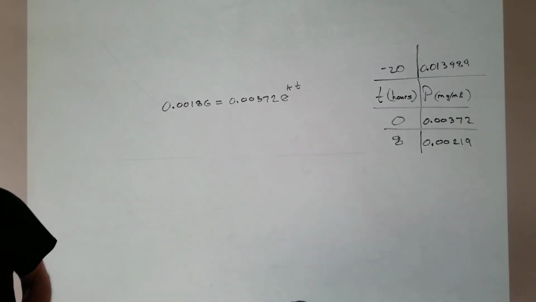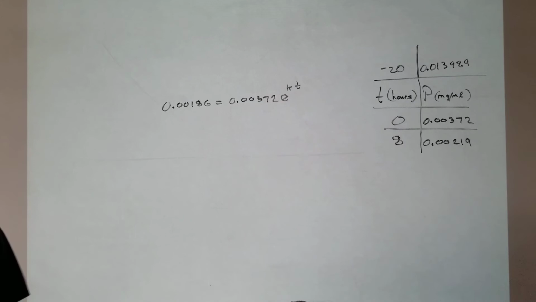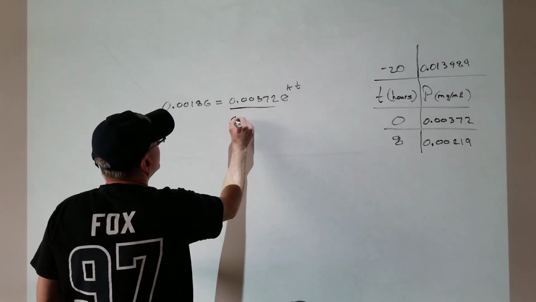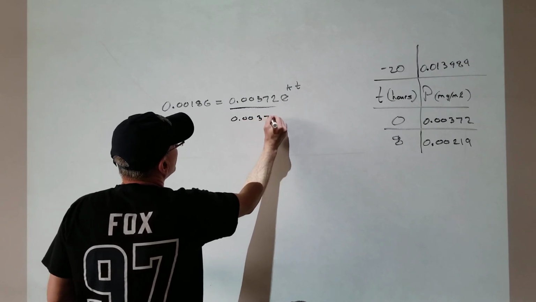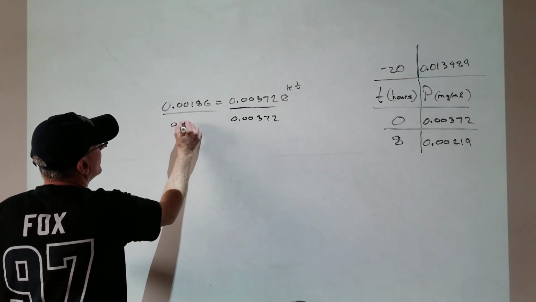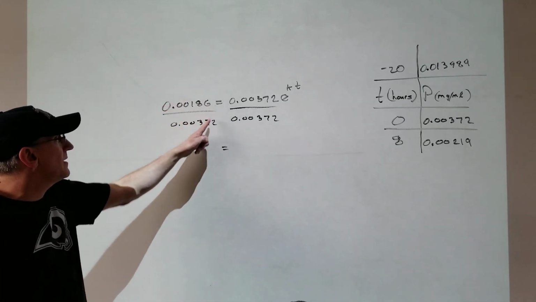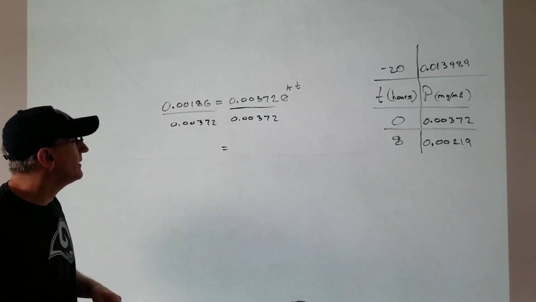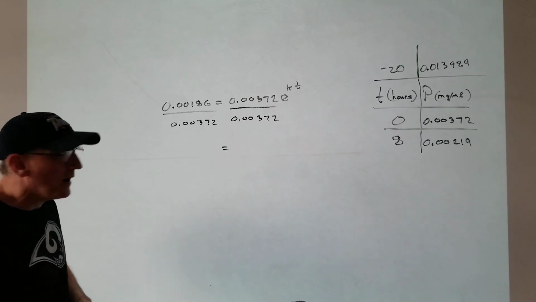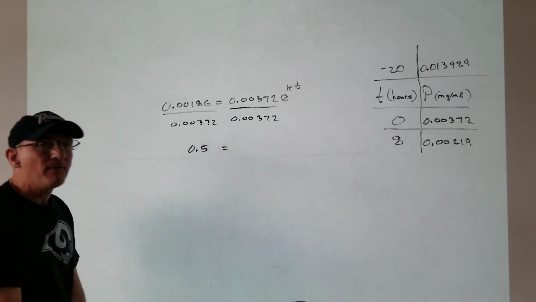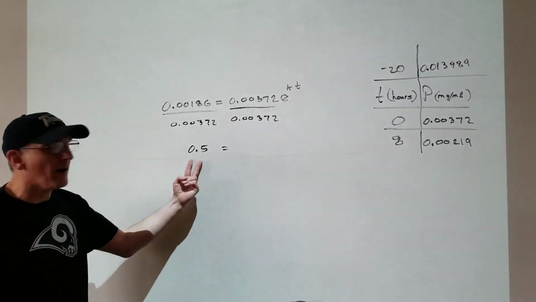You divide both sides. And there's a time saver coming up I'll talk about, but we're going to go ahead and divide both sides by 0.00372. And if you actually go through the effort to type this into the calculator to divide it, you may be surprised that it comes out to 0.5. Well, all half-life problems come out to 0.5 at this step.